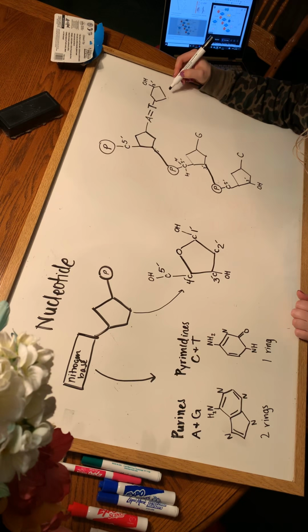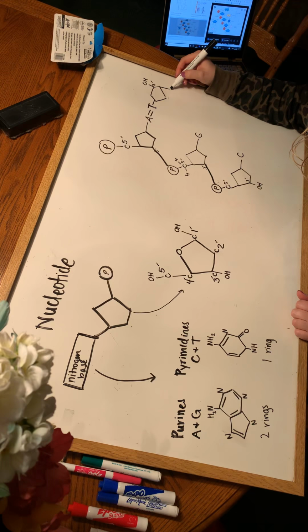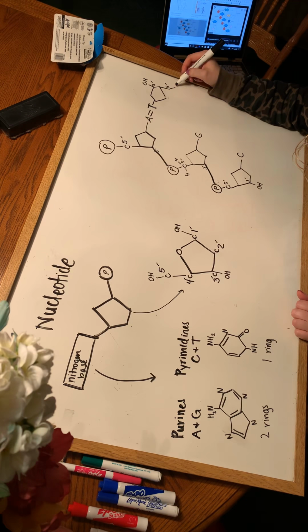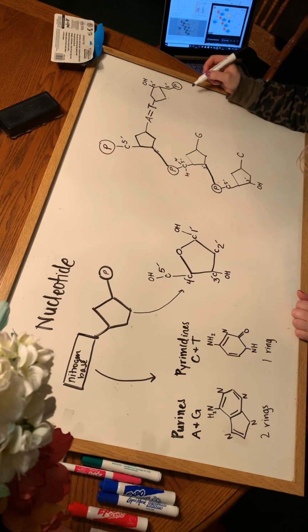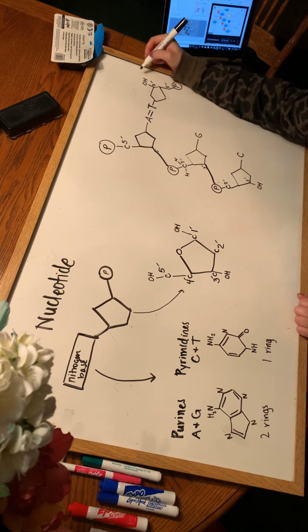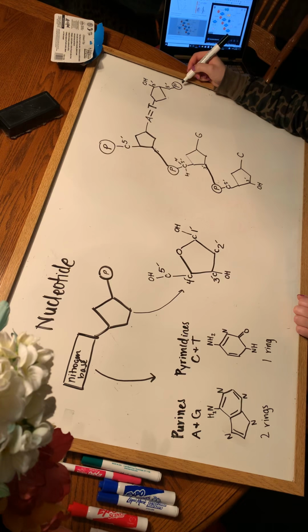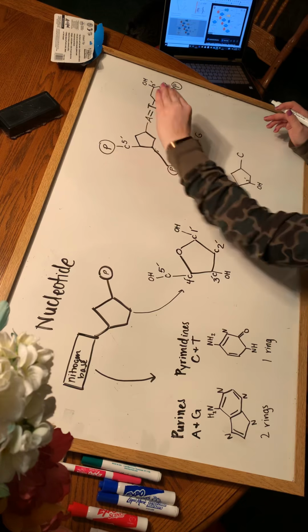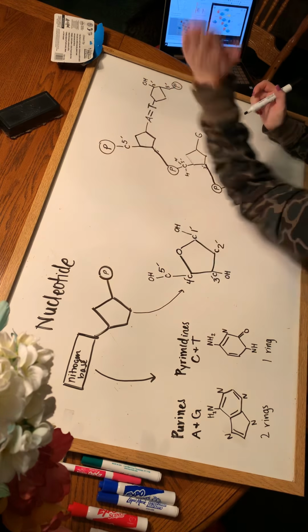And then you'd have your 5' prime. That's 4'. This would be 5' with the phosphate. So this one is 3' to 5'. And again, this is because of the way it needs to orient itself. You can't just flip this like this.